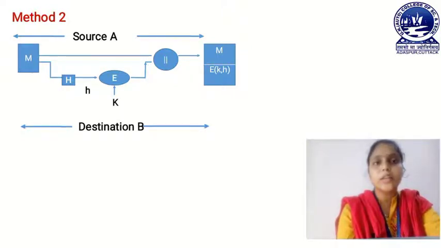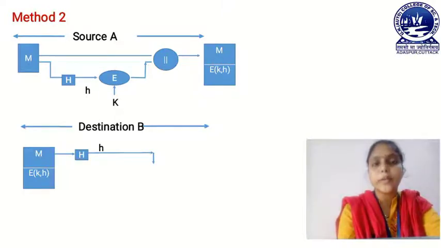Now look at the destination B. When the destination B receives this appended message with the encrypted hash value, the destination B first of all takes the original message and calculates the hash value by using the hash function.